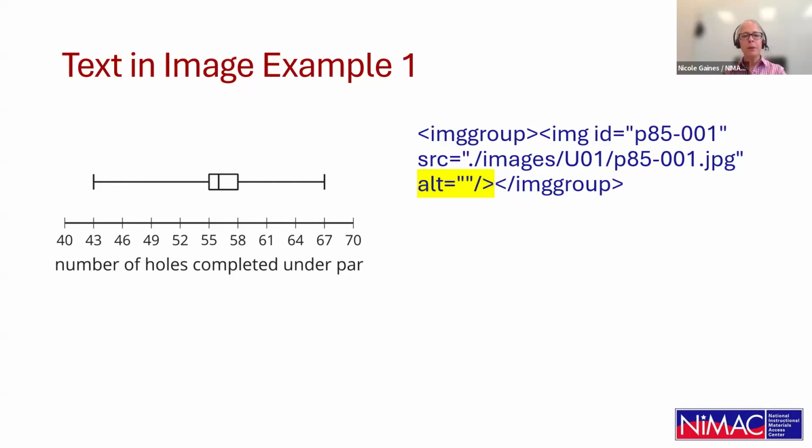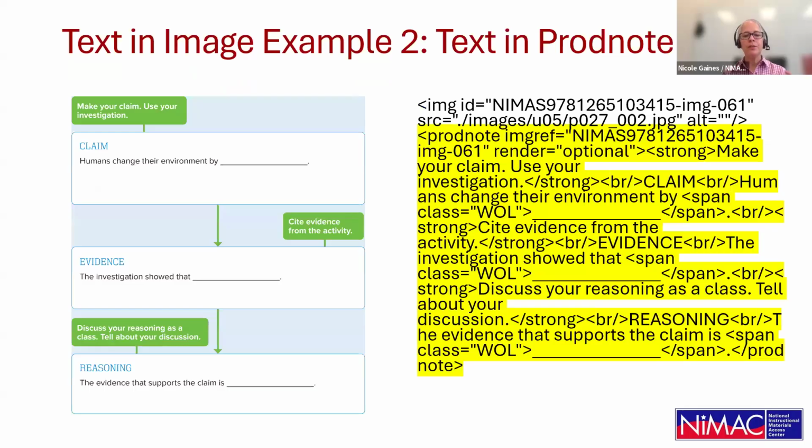In the next example, however, it's a little bit different. This is a case where we have several sentences of text. We have some write-in lines, and the graphic content has sort of a flow to it. There are arrows in it, and so we can see a rationale for why we would want to retain that image to show the relationship between the different components.